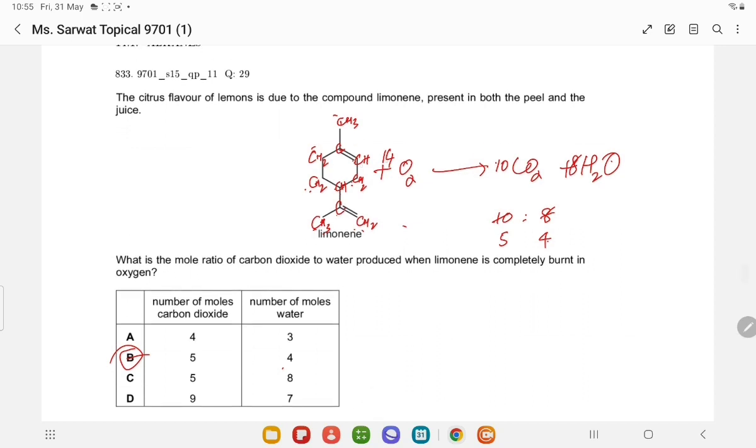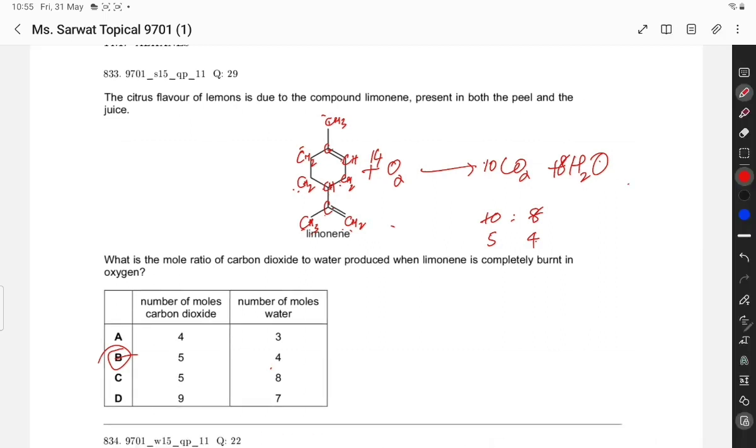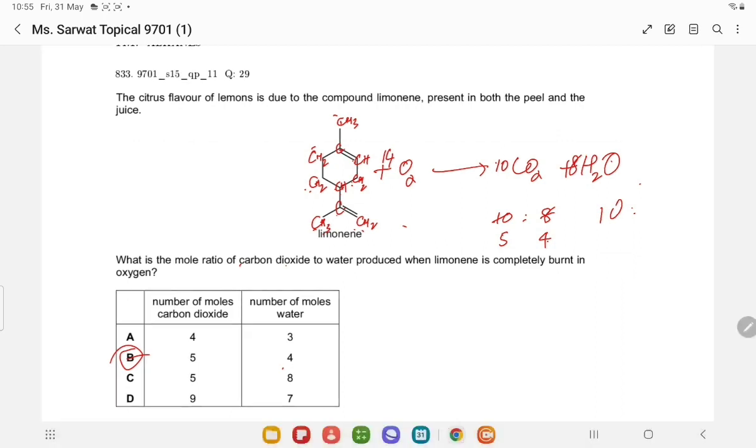We know that the carbon number is 10, so it means 10 carbon dioxide is formed and 8 water molecules are formed. What is the mole ratio? This is 10:8, and when we simplify this ratio it will become 5:4. So B option is correct option.